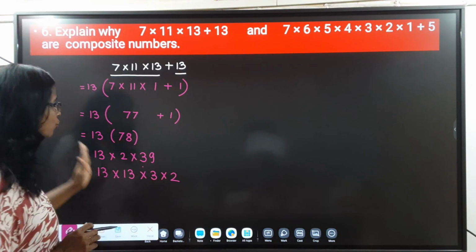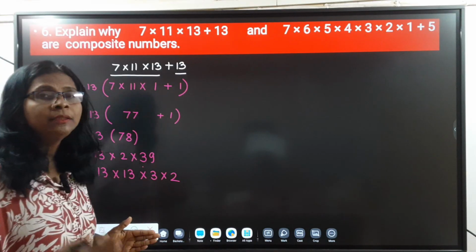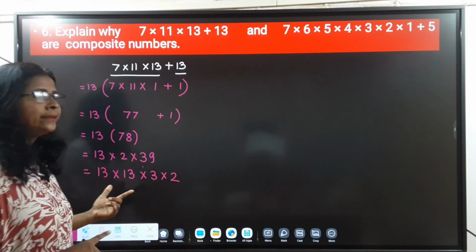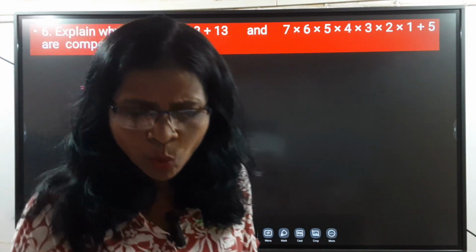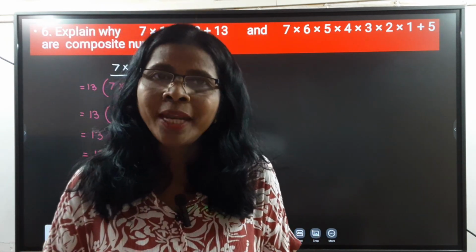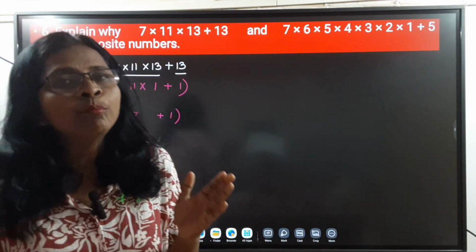Now observe these factors carefully: there are the factors 2, 3 and 13. That means it has factors other than 1 and itself, so it is a composite number.